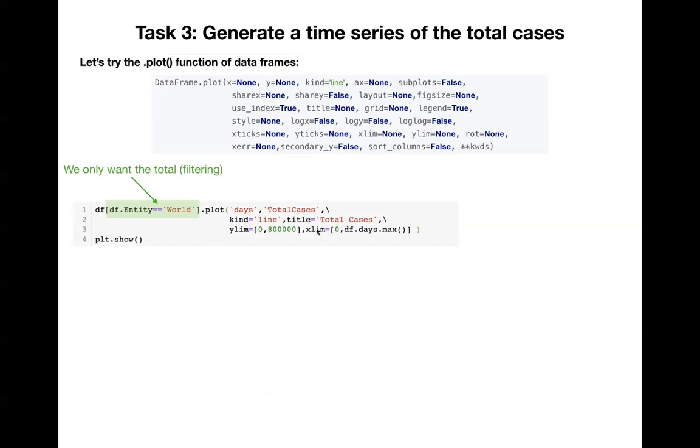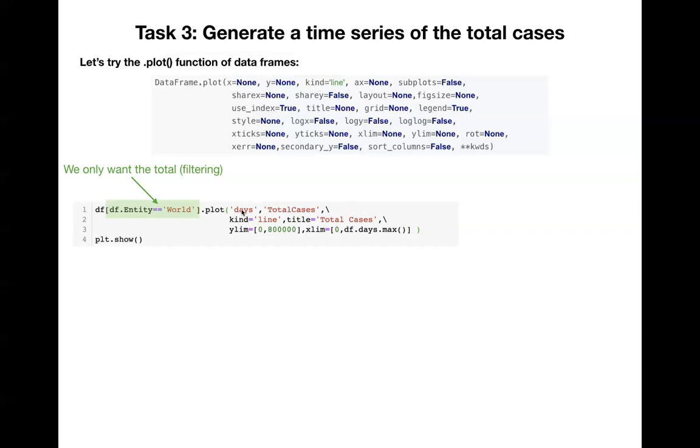So to make things easier, I want the total cases over the world. There's one entity called World. So we do df.entity equals World. Now I'm selecting only the world rows of the data. And now this dataframe only has the entity World. And I plot total cases as a function of days.